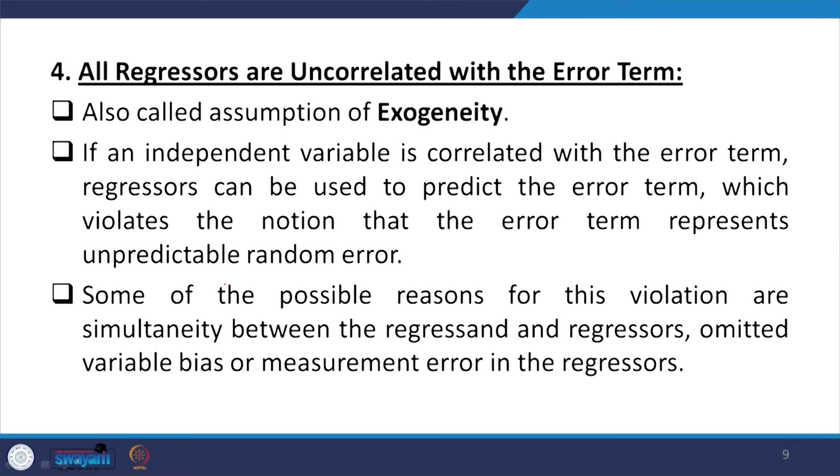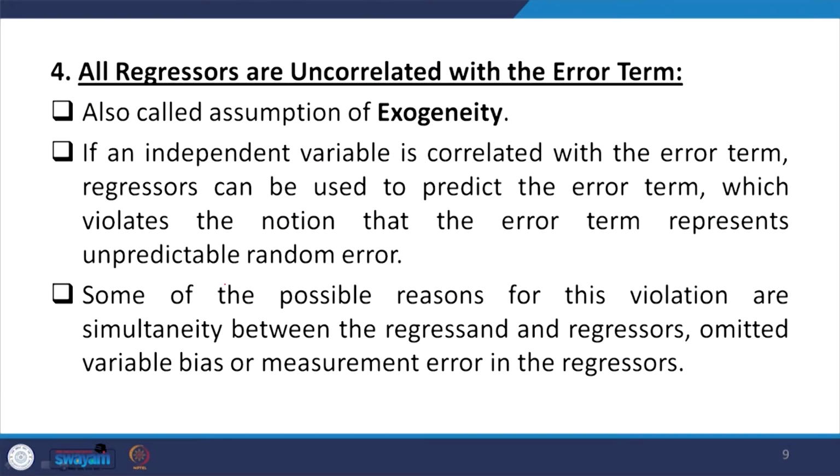Now, all the regressors are uncorrelated with the error term. Okay, that is another assumption required for the linear regression to be followed. All the regressors, the explanatory variables, should be uncorrelated with the error term, and this assumption is also called exogeneity.